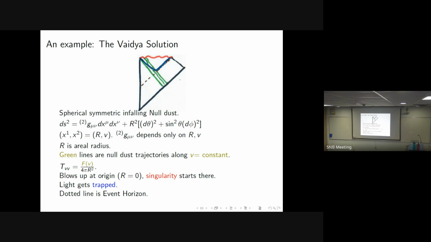R equal to 0 looks as though the metric is not well defined, but in Cartesian coordinates everything is well defined. Similarly over here, this is the axis. There's nothing singular about it, and you have a stress energy, and the moment it hits the axis at r equal to 0, the stress energy blows up, and you have a singularity.